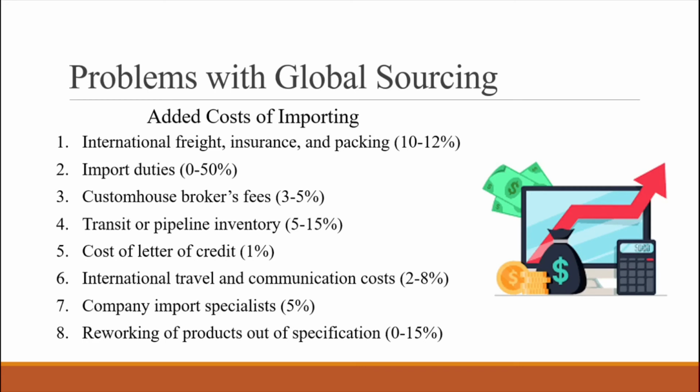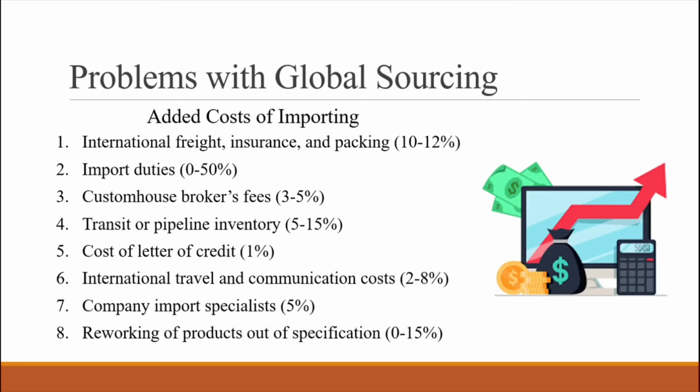As you can see in the slide, it is the list of costs of importing with an estimate of the percentage of the quote price that each costs. The first one is international freight, insurance and packaging, which add 10 to 12% to the quote price.